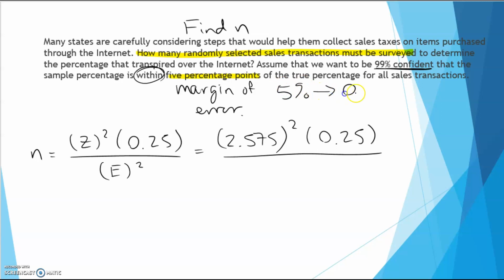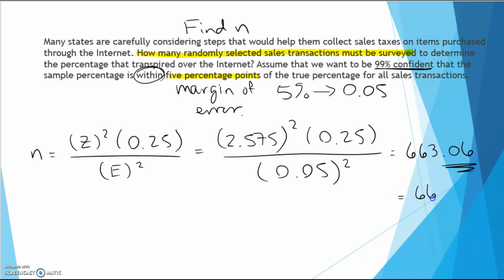We're going to change that to a decimal. So 0.05. 0.05 squared. This comes out to be 663.06. Because it came out to a decimal, we have to round up to the next larger whole number. So 664 would be my minimum sample size.